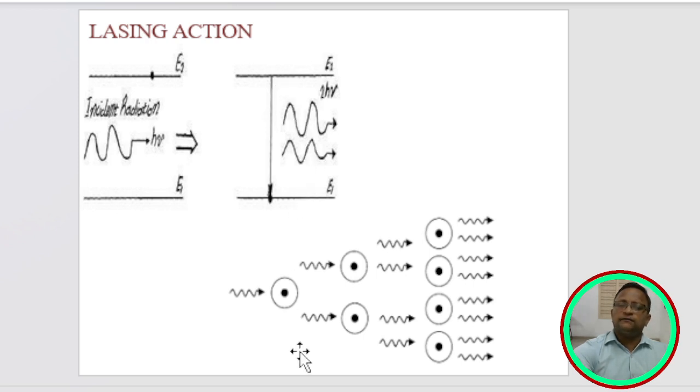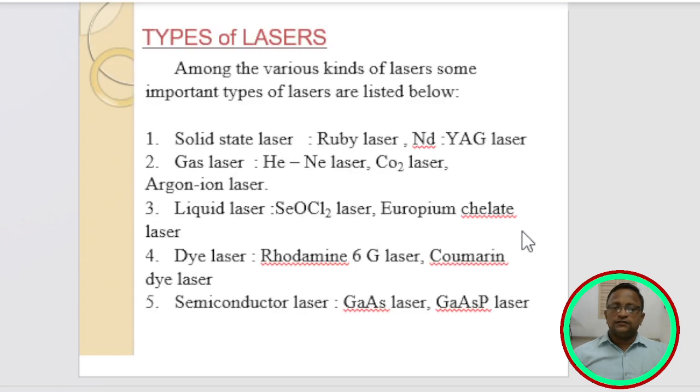They come to the ground level, and here 1 becomes 2, 2 becomes 4, and 4 becomes 8 electrons out from the excited level to the lower energy level. And now the multiples are 2 power 0, 2 power 1, 2 power 2, and later 2 cube and 2 power 4, and so on. In this way the lasing action takes place.